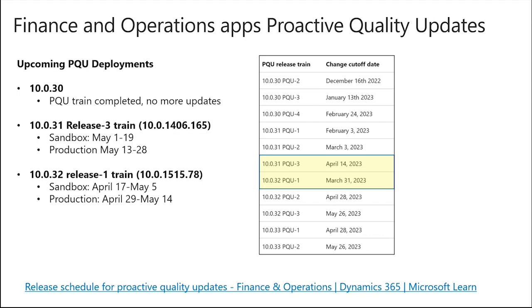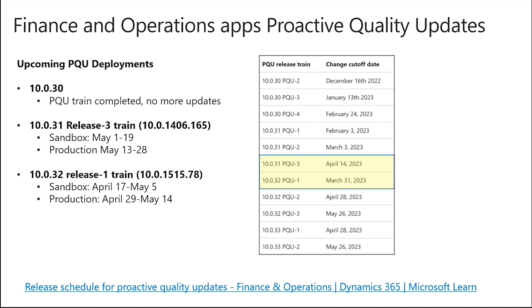And just a quick overview of what's going on here. We completed the 10.0.30 update train, so that is no longer receiving proactive quality updates. For 10.0.31, release train 3, sandboxes are being updated in the May 1 to 19 timeframe.